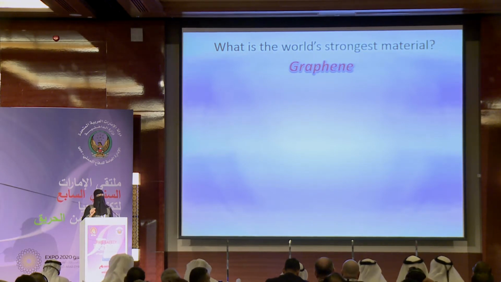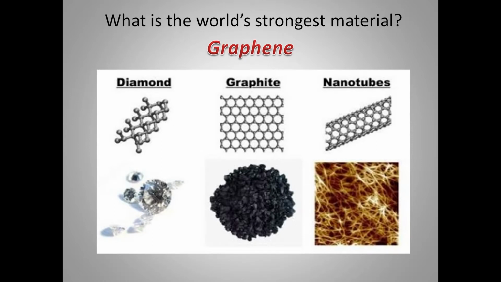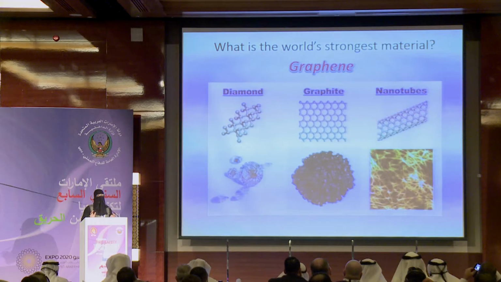Graphene was just developed in 2004, and it's harder than diamond, superconductive, and stronger than steel. I'm not going to talk about graphene. I'll let the video talk about graphene now.